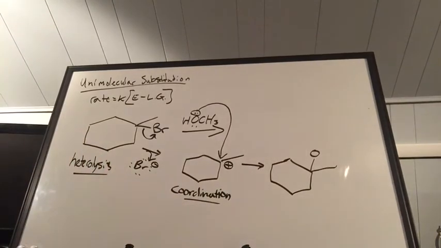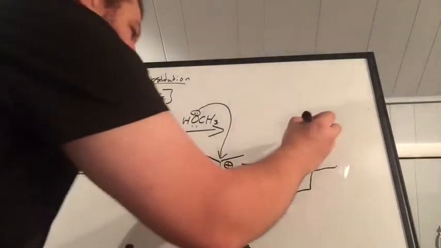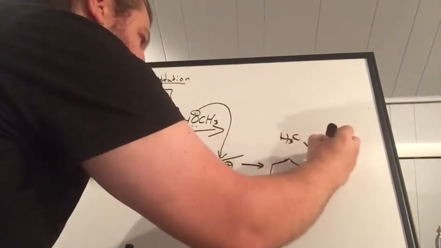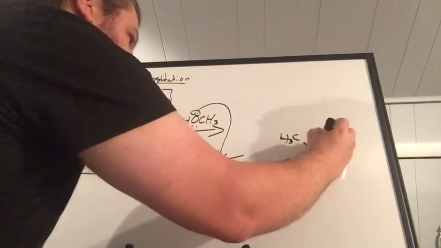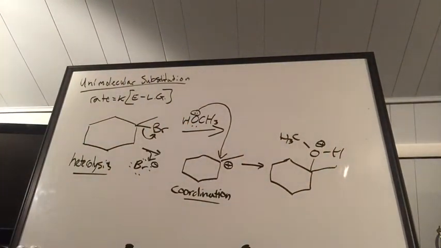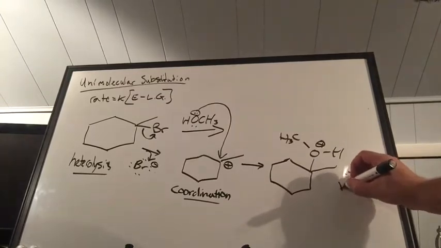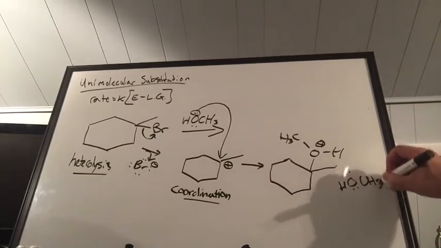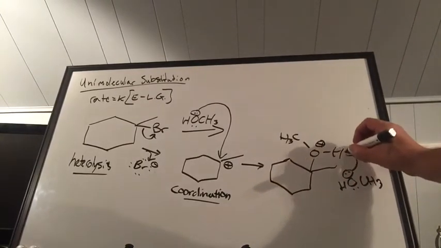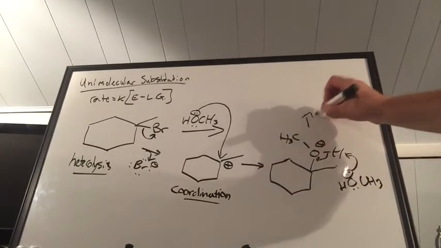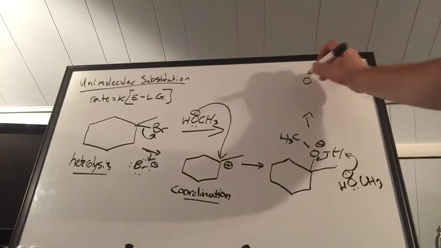And then lastly, this is just the proton transfer step. So methanol is just going to act as a weak base here and pick off this hydrogen. Then you're going to have a stable product.